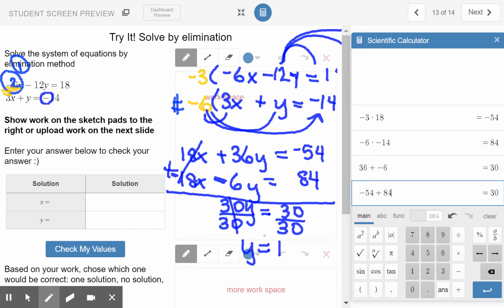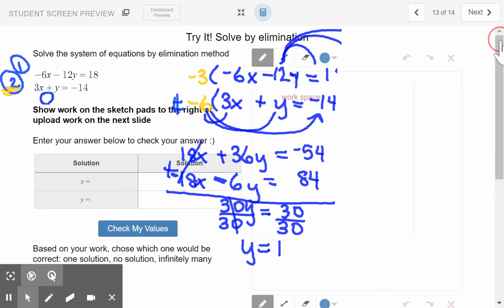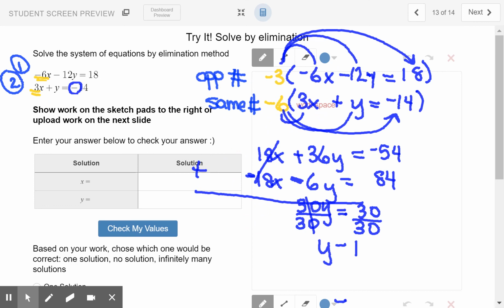So you get to choose which equation you want to use, either the first equation or the second equation. I'm going to use the second equation. So once again, you get to decide. So we have 3x plus 1, because that goes into our y, equals negative 14.